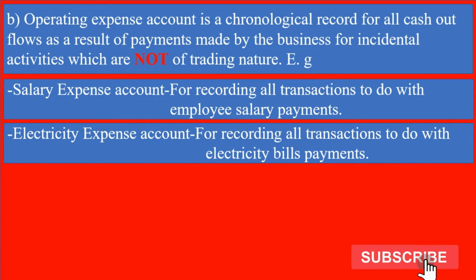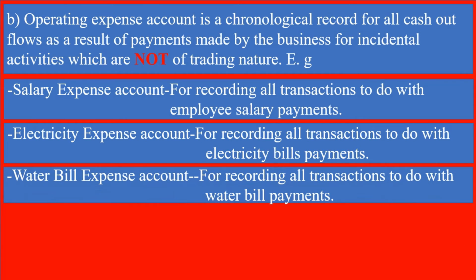Secondly, we have the electricity expense account. This is for recording all transactions to do with electricity bill payments. Thirdly, we have water bills. These are some of the common expense transactions that we meet every now and then. This account is for recording all transactions to do with water bill payments.